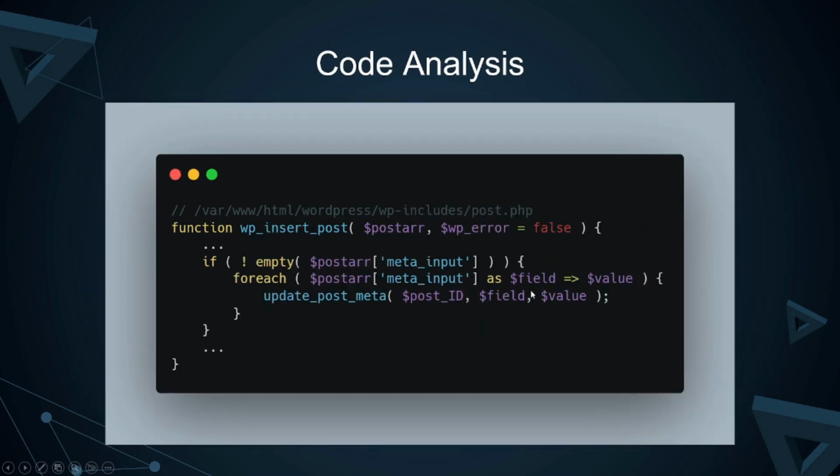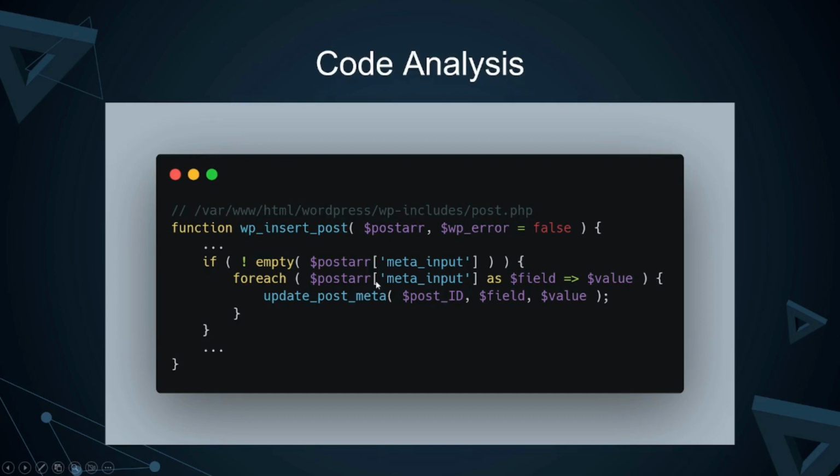Actually, this is not really important. What's important is this: it accepts any meta input as a field to be replaced with any value, so it does not validate which meta input can't be overridden.